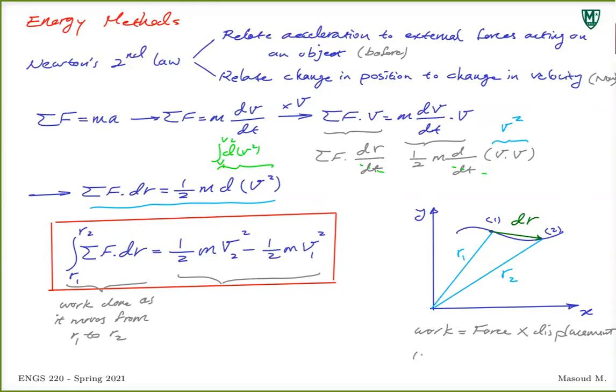And kinetic energy is basically 1 over 2 mv squared, half the mass multiplied by the velocity squared. This is something that hopefully you have seen in physics.